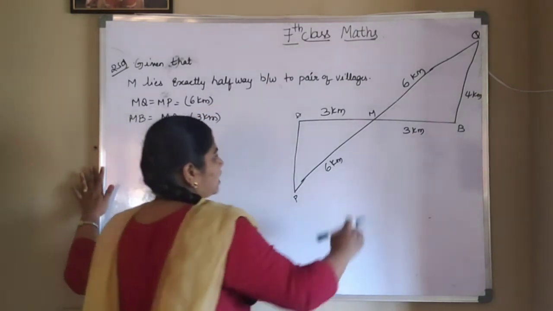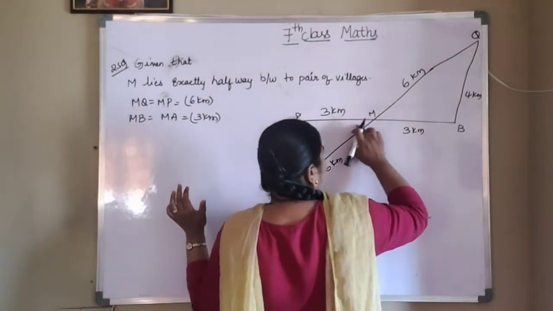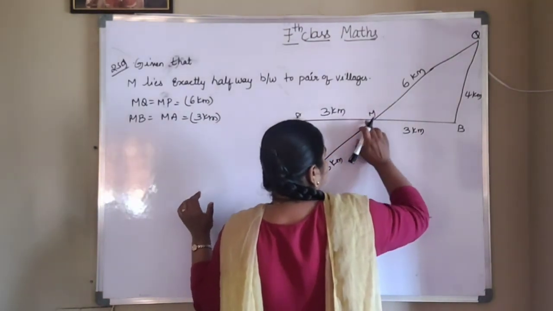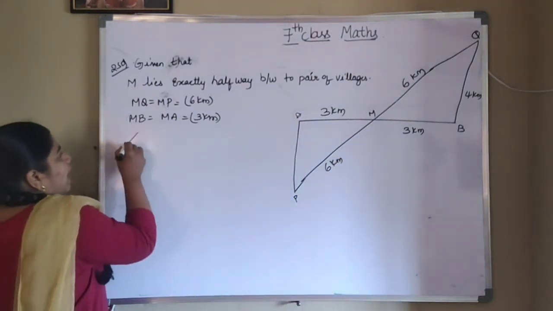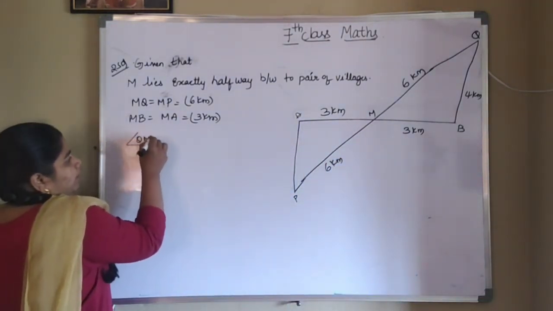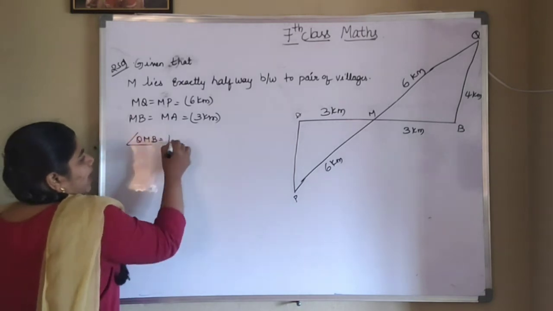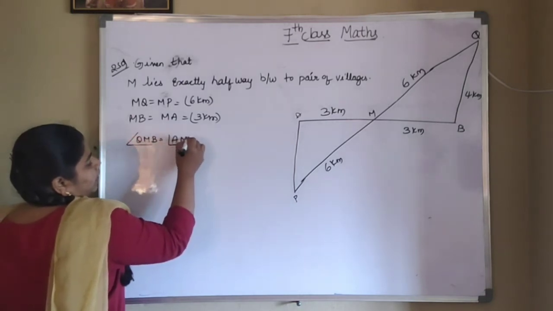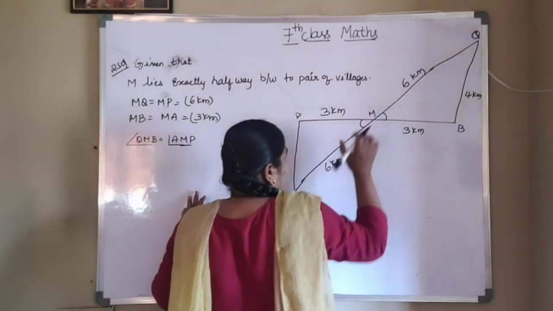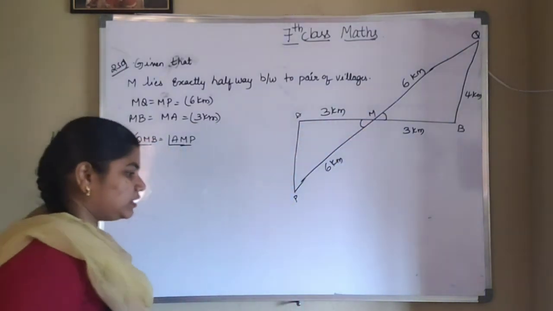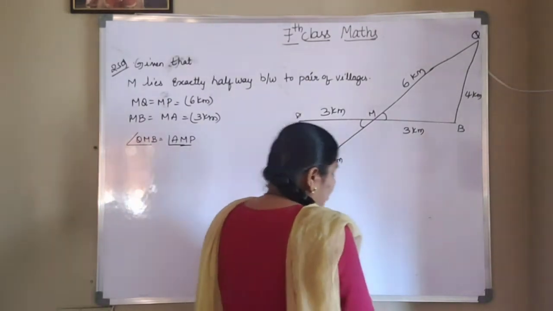Okay, and this angle M, these are vertically opposite angles. So this angle and this angle will be the same. So you can write here angle QMB will be equal to angle AMP. So these two angles are equal because they are vertically opposite angles, and vertically opposite angles will always be equal.